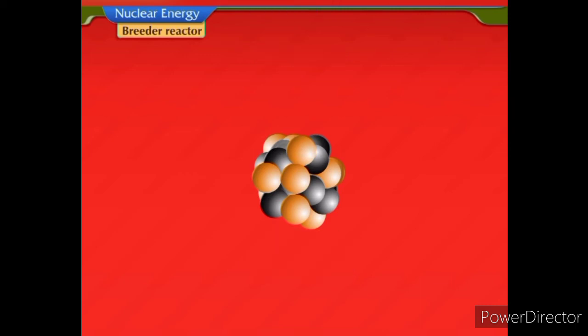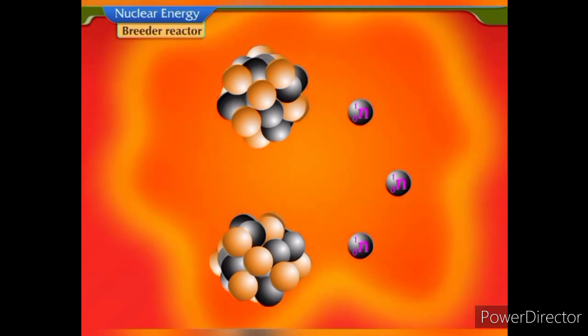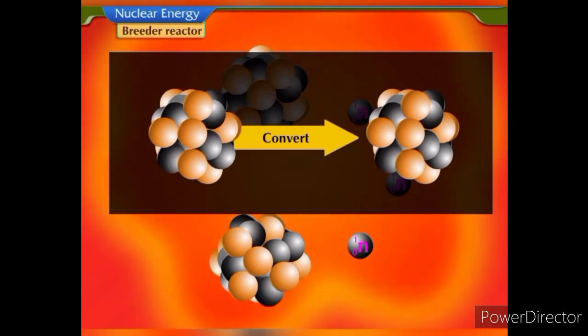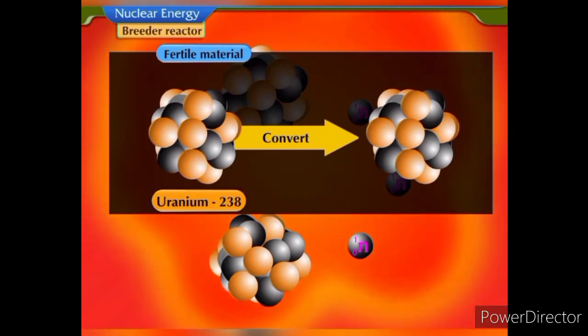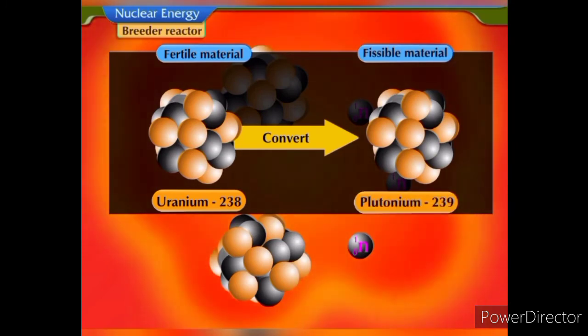Here also, during the fission reaction, neutrons are emitted along with the fission products. The neutrons emitted serve two purposes. First, they convert fertile uranium-238 to fissile plutonium-239. Then, they sustain the fission of plutonium-239.